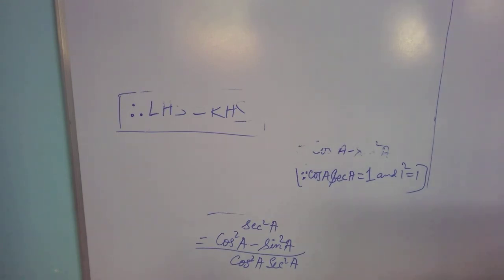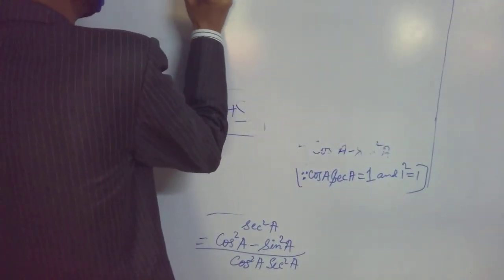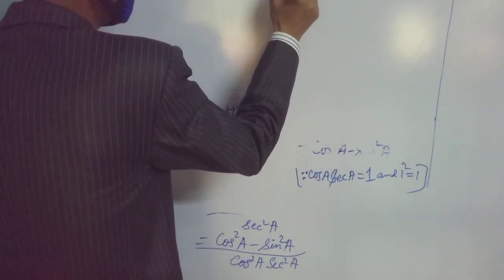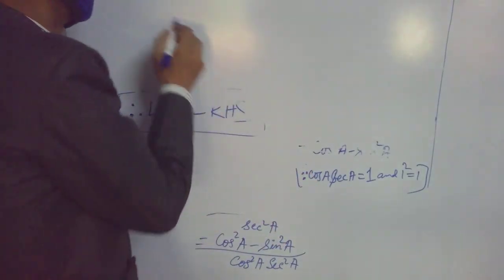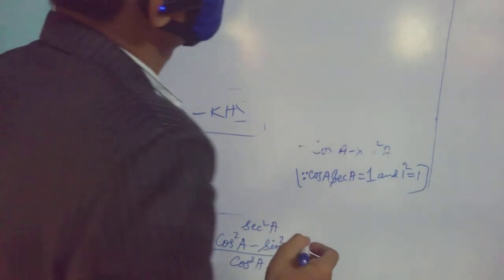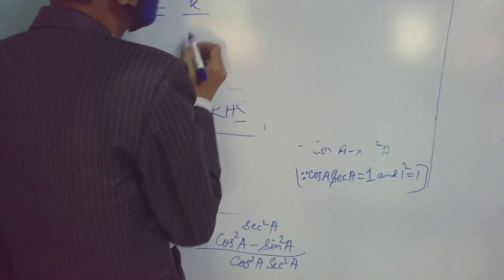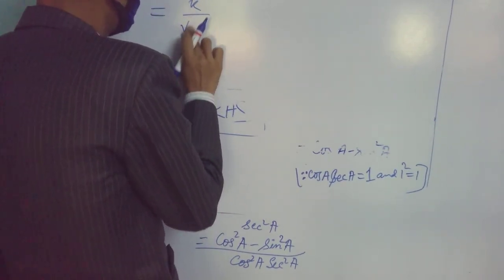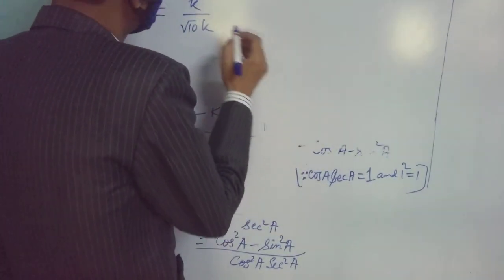So in the first one we need sin A cos C plus cos A sin C. What is the value of this? Now sin A is perpendicular by hypotenuse, k over root 10 k, and cos C is base by hypotenuse.